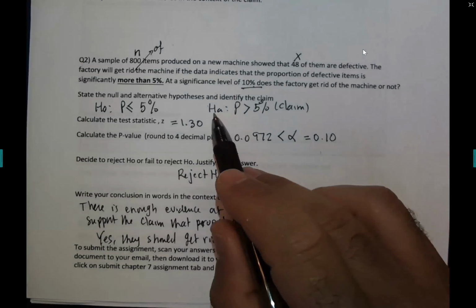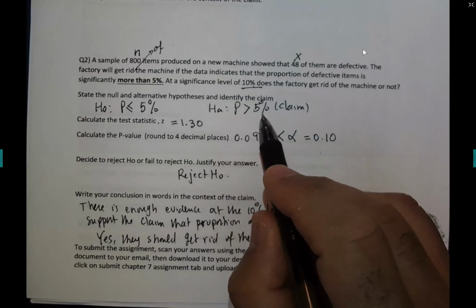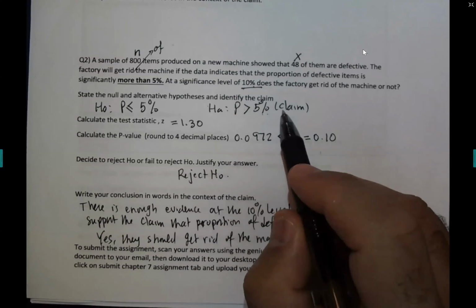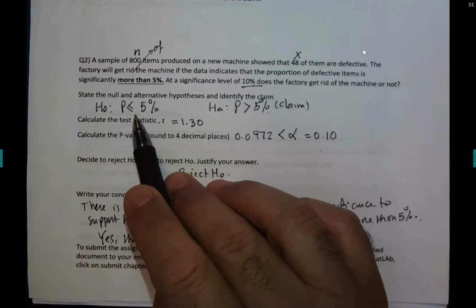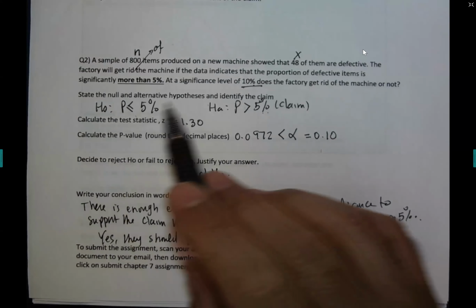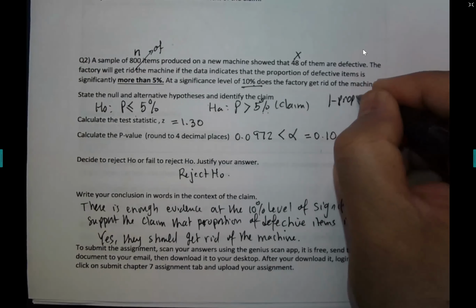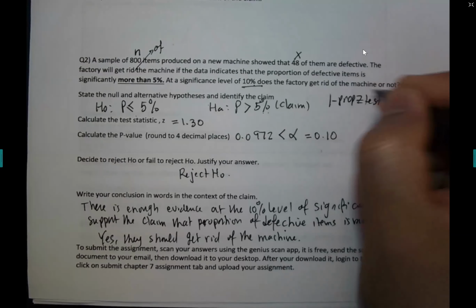So here, guys, we need to test that the proportion is more than 5%. If it is more than 5%, we get rid of the machine. So this is the claim. And the null hypothesis will be less than or equal to, and this is a proportion test, guys. 1 prop z test. Let's do it.